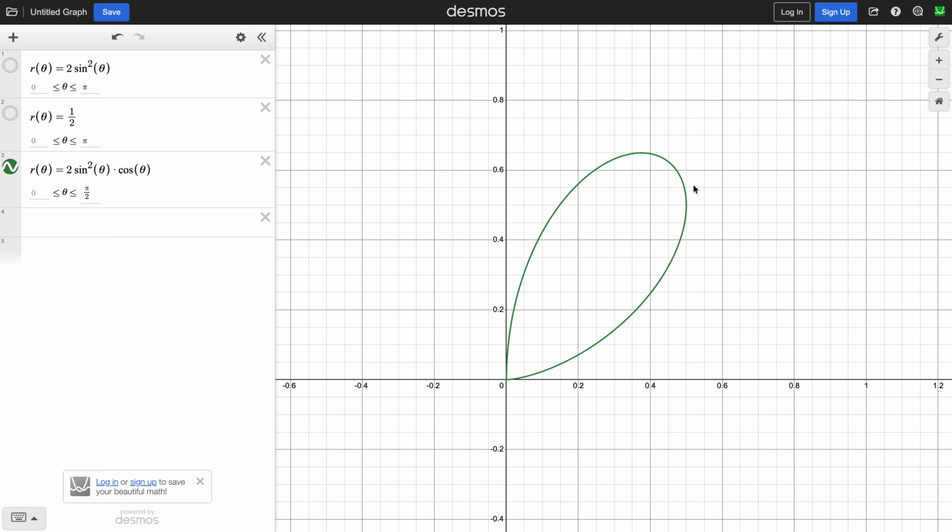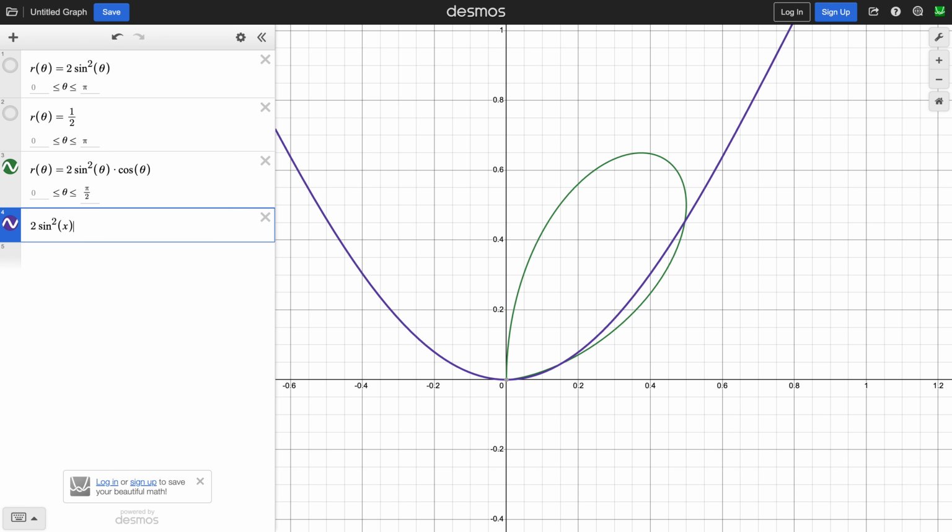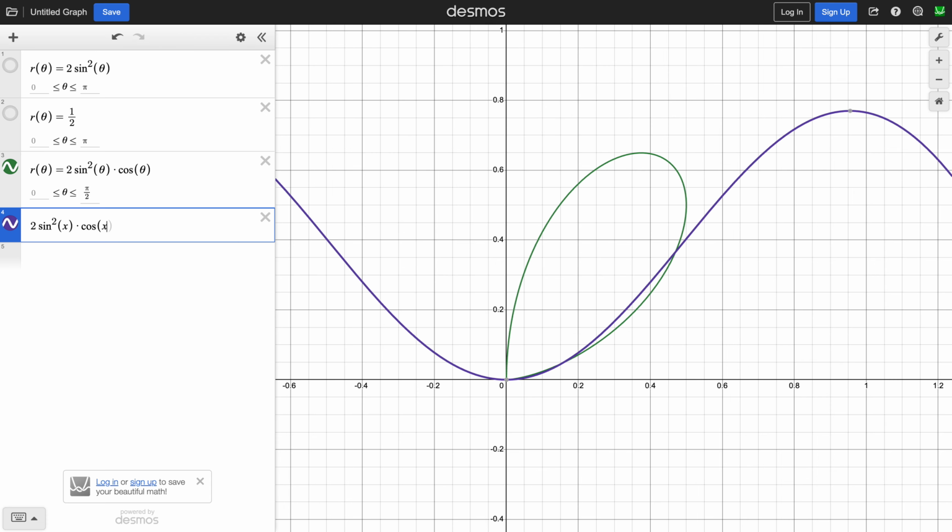Now, of course, you could probably put this in rectangular mode, so 2 sine squared of x times cosine of x, to get your rectangular mode in terms of x being 0.955, or in this case theta being 0.955.